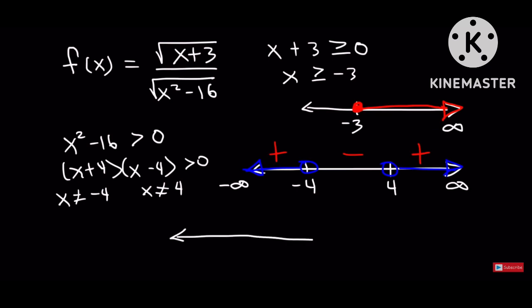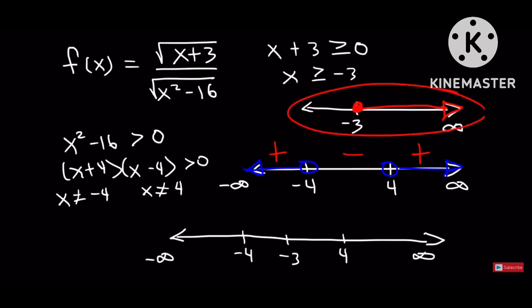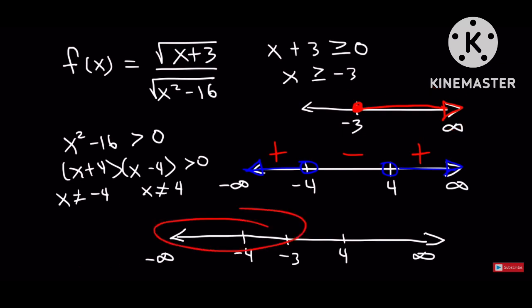So I'm going to create a hybrid number line. I'm going to put -4, -3, 4, and infinity, and negative infinity as well. So looking at the first one, it's not going to work if we have anything that's less than -3. So therefore, we should have nothing on the left side.